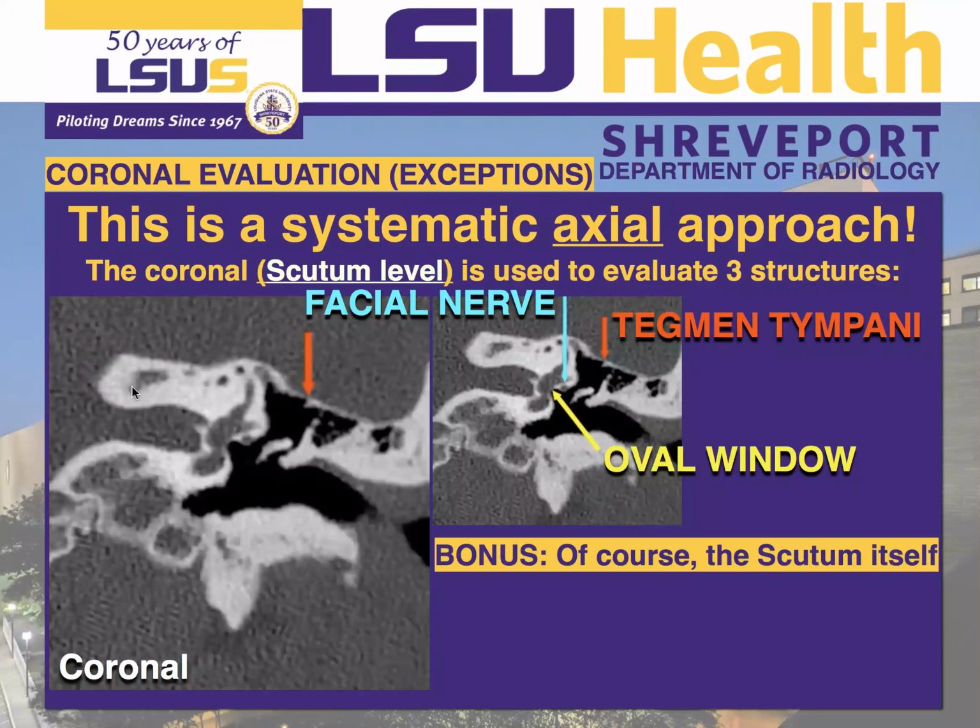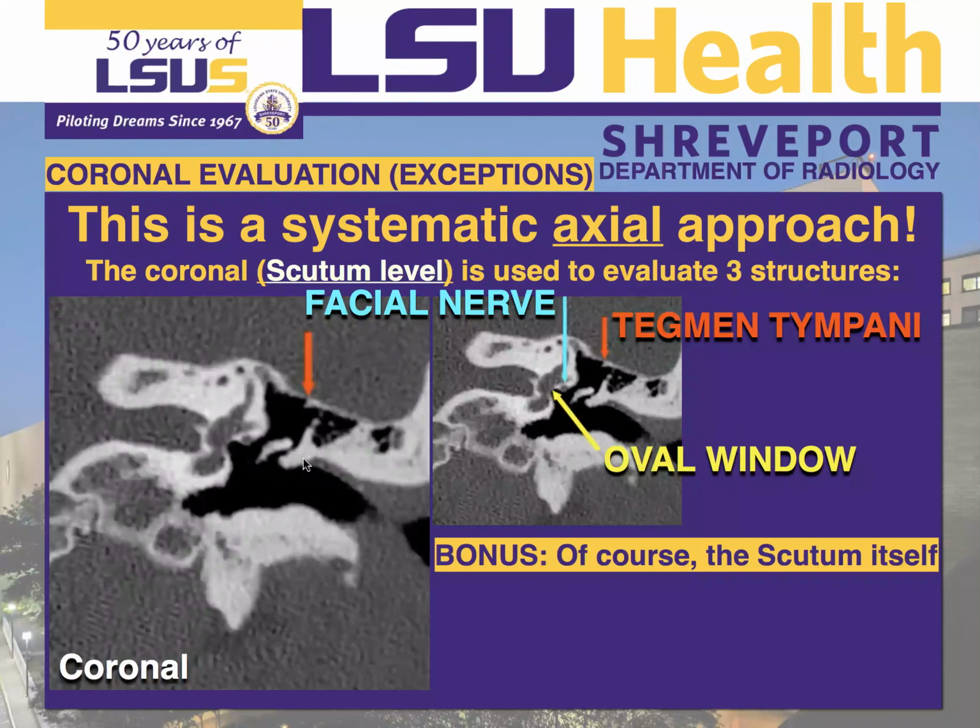This is an axial approach, as I said before, but the coronal view is important for us to see basically four things. The first thing is the scutum, and the scutum is going to be your landmark on the coronal view. Everybody knows the scutum because this is where the cholesteatoma usually arises, so we always have to look for the scutum, okay?